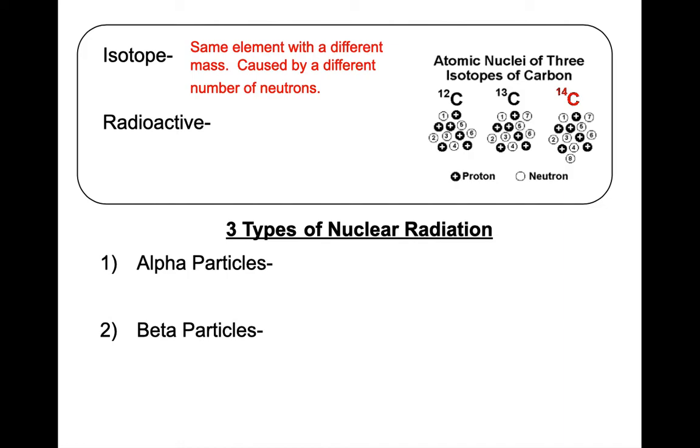Remember, the number of protons for carbon, for example, is consistent. Okay? Carbon always has 6 protons. However, there can be some atoms of carbon that have different numbers of neutrons. Might have 6 neutrons, might have 7, might even have 8 neutrons. So those are different isotopes of carbon.